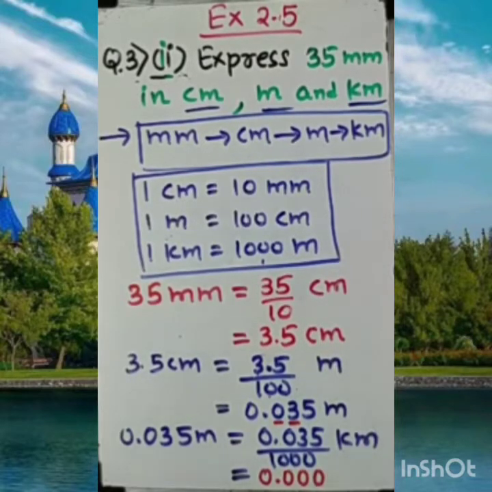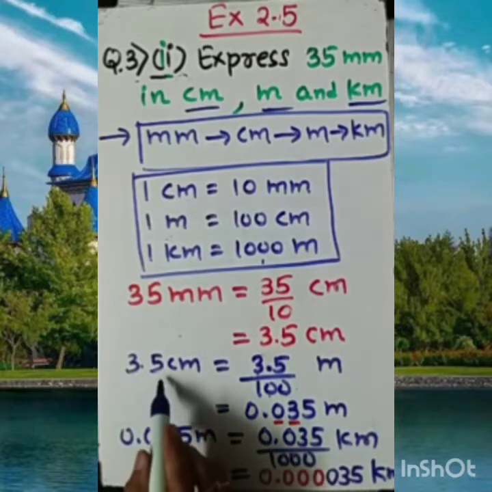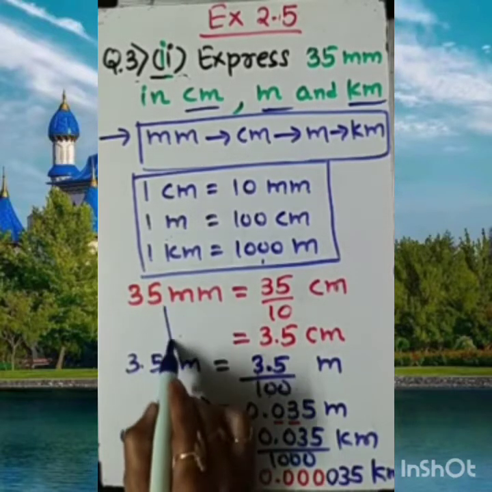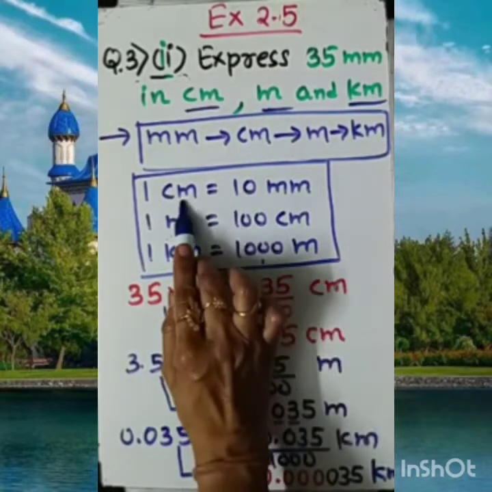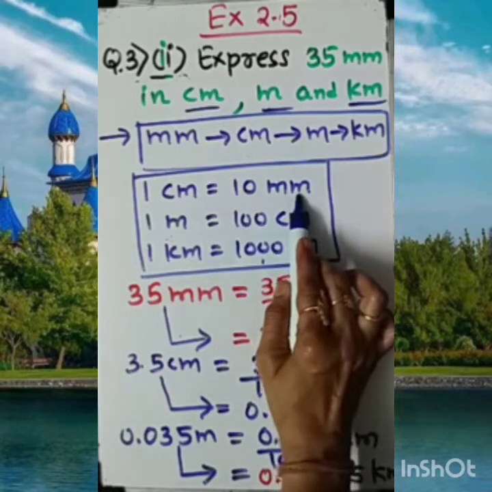And beside this you can see here 035 was already there. So let it be as it is, and the unit is kilometer. So here you can see I convert 35 millimeter into kilometer. Once again I am explaining. First time I have divided it by 10, because we know 1 centimeter equal to 10 millimeter.